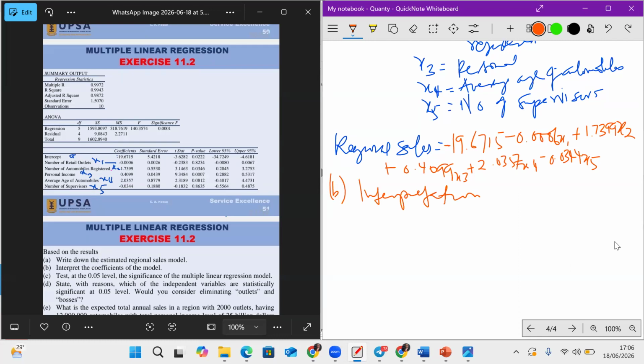You say, what is the intercept, alpha? Alpha is the intercept, or the A, negative 19.6715.